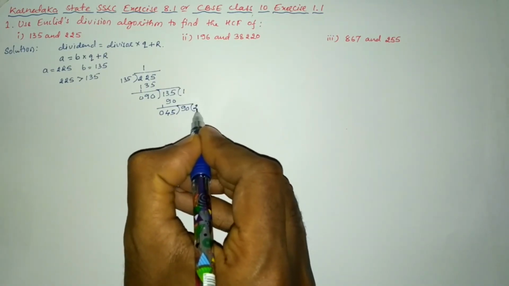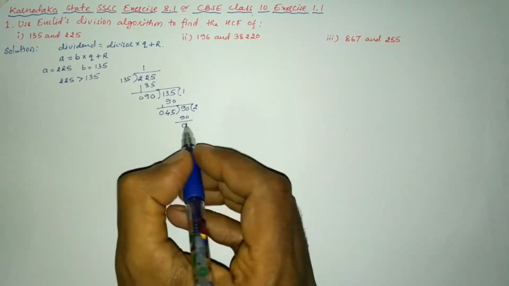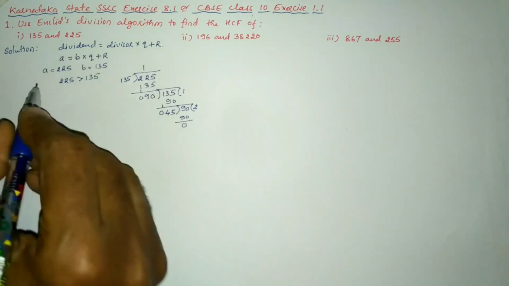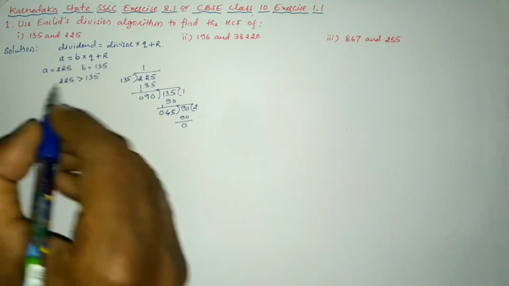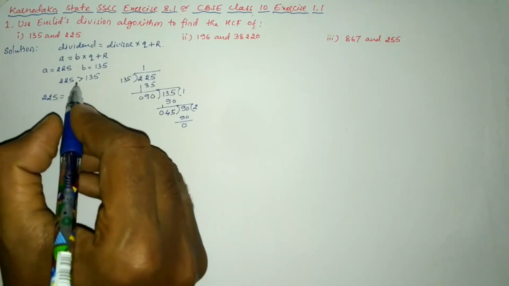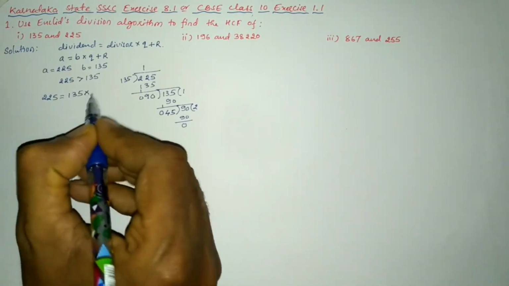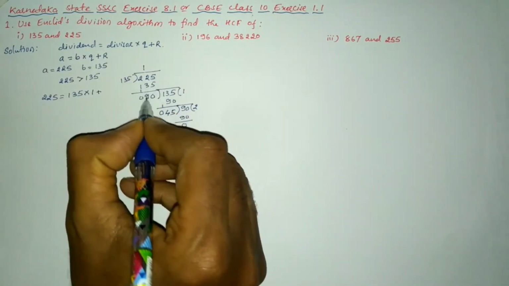So now let us take this 45 as divisor and 90 as dividend. 45 twos are 90. So 90 minus 90 gives us 0. So here the remainder is 0. The same can be written as Euclid's division lemma. A is 225 is equal to B is 135 divisor into the quotient is 1 plus remainder is 90.